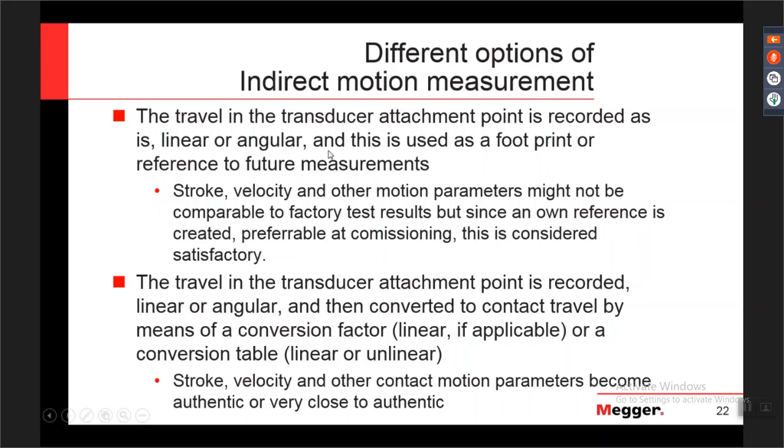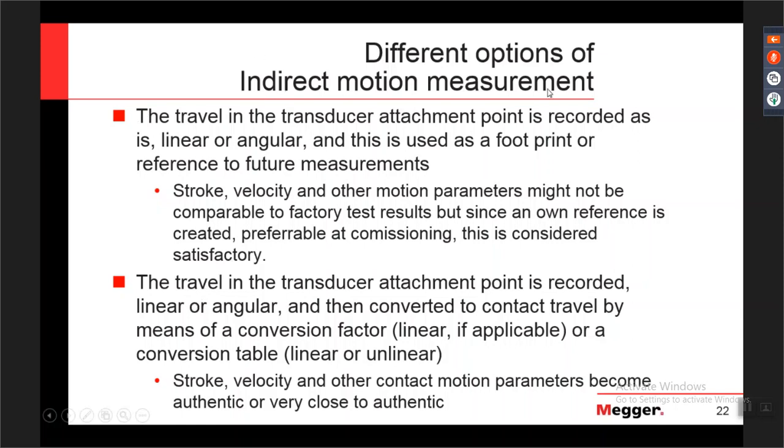So this is something to consider if you don't have instructions or reference values: you can always create your own reference and then do the trending to see changes in the mechanical behavior of the circuit breaker.